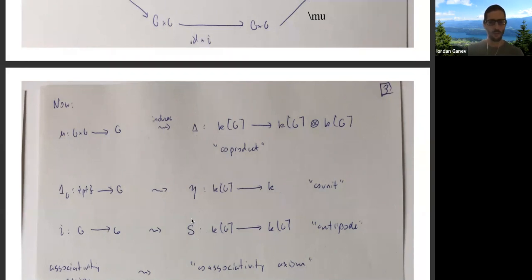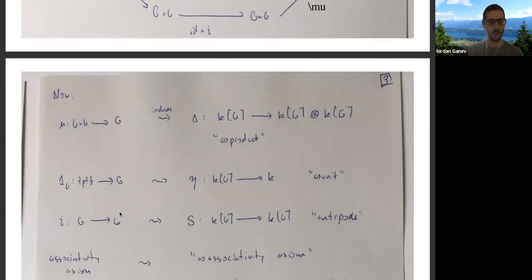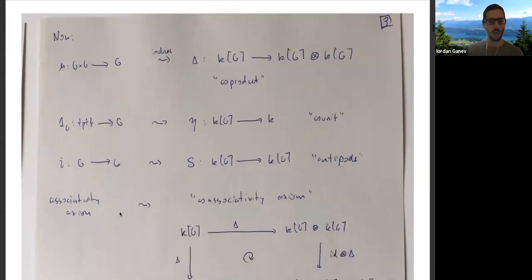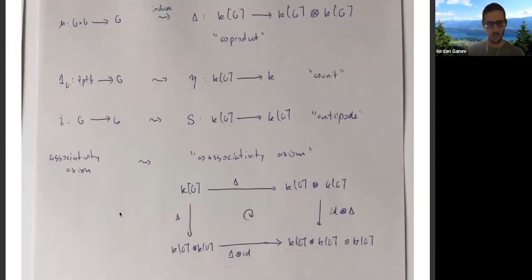Okay, so great, we have these maps. These maps are part of the data, but they need to satisfy certain constraints, the axioms we just discussed. The associativity axiom corresponds to what's known as the co-associativity axiom on the affine algebra k[G].